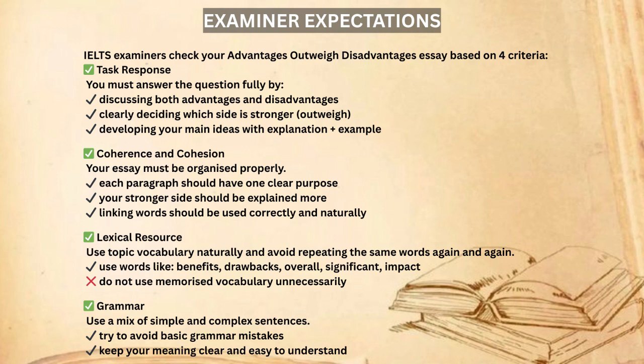You must answer the question fully by discussing both advantages and disadvantages, clearly deciding which side is stronger, and developing your main ideas with explanation plus example. So remember, just listing points is not enough, you must explain them.